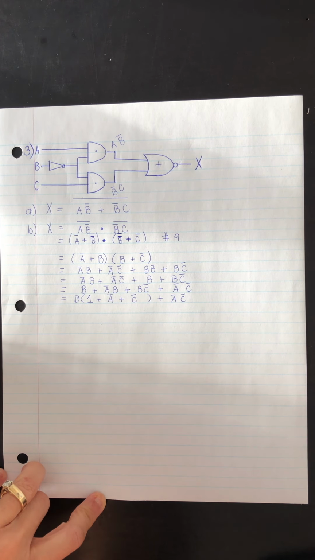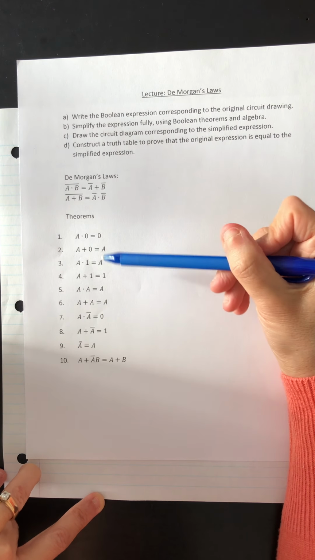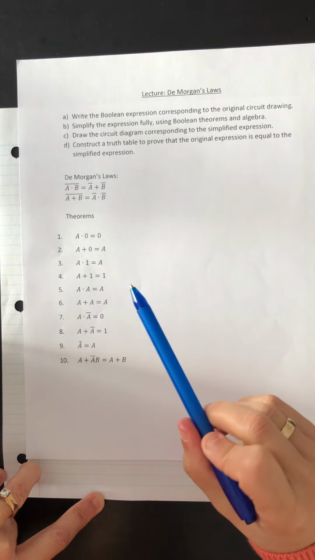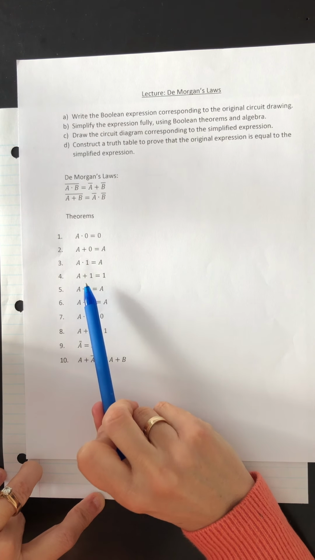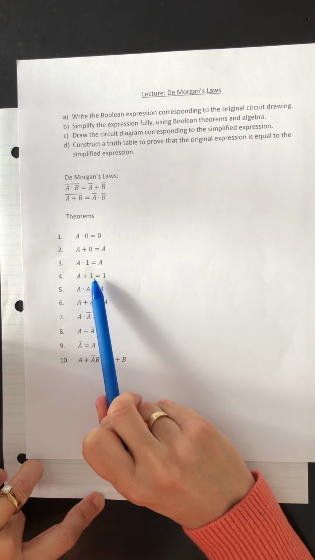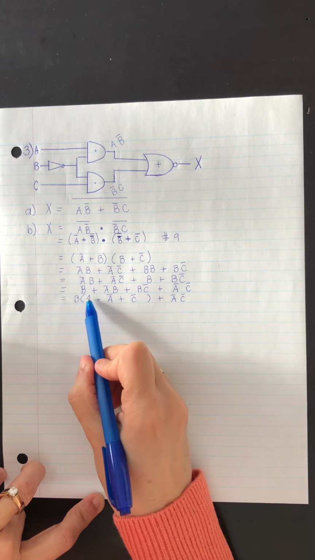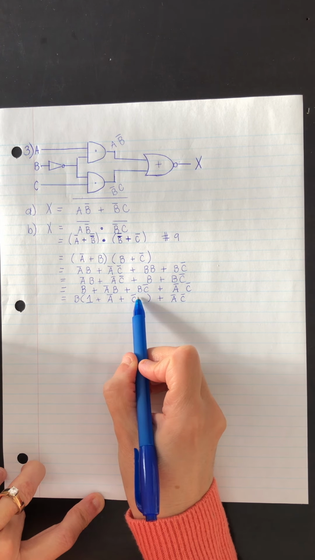And why is that so important? Because at this point in time, which property becomes important? It's this one, number 4. Anything added to 1 is equal to 1. So 1 plus anything is 1. So this whole bracket becomes a 1.